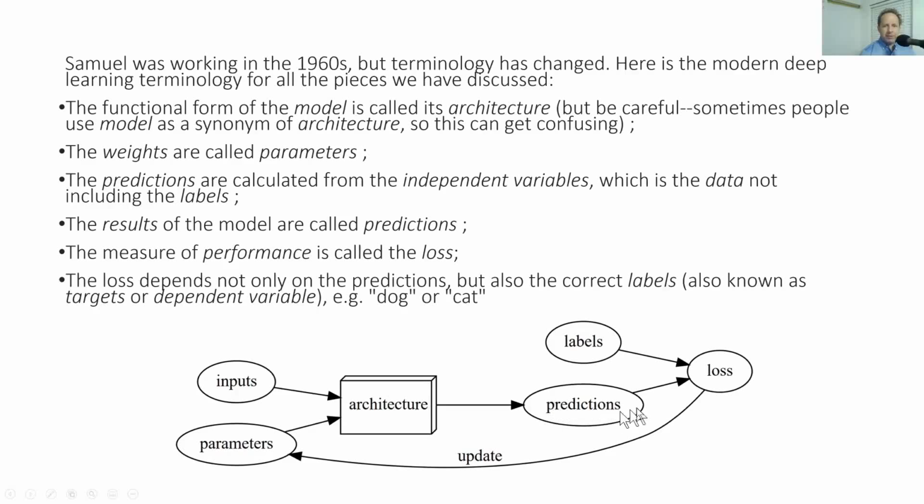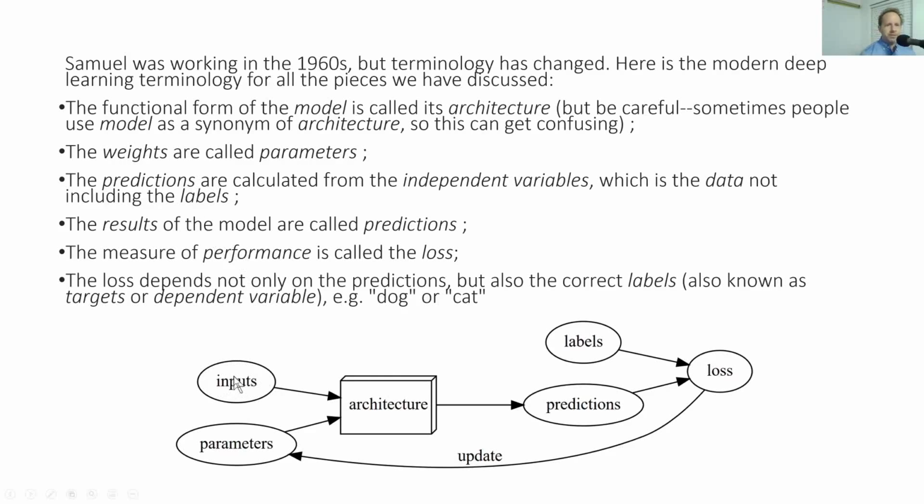The things that come out of the model, the architecture with the parameters, we call predictions. And the predictions are based on two kinds of inputs. Independent variables, that's the data, like the pictures of the cats and the dogs. And dependent variables, also known as labels, which is like the thing saying, this is a cat, this is a dog, this is a cat.